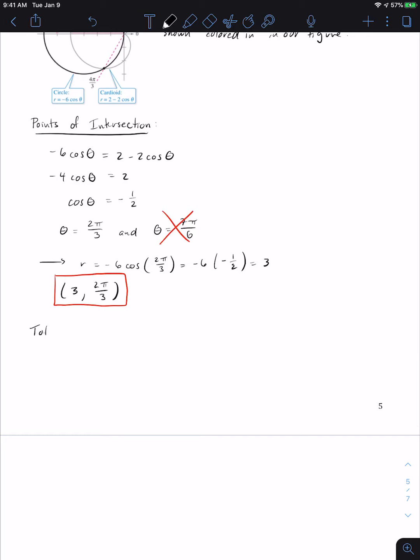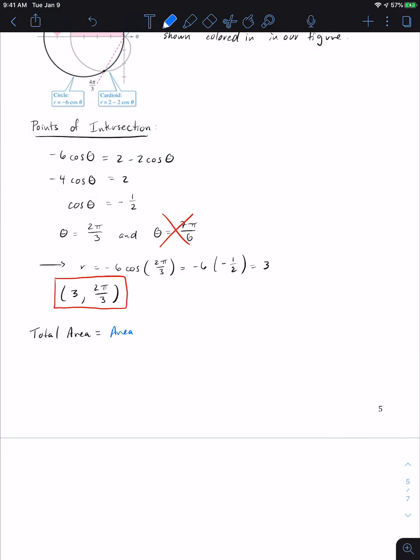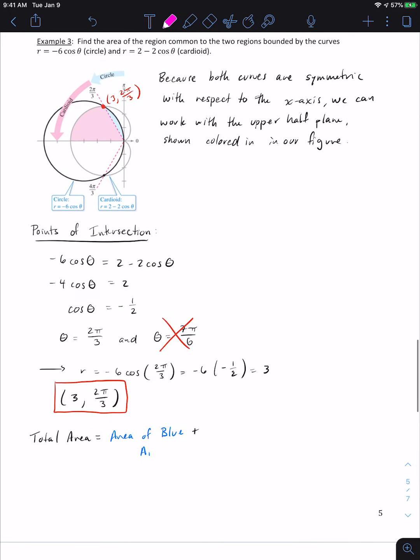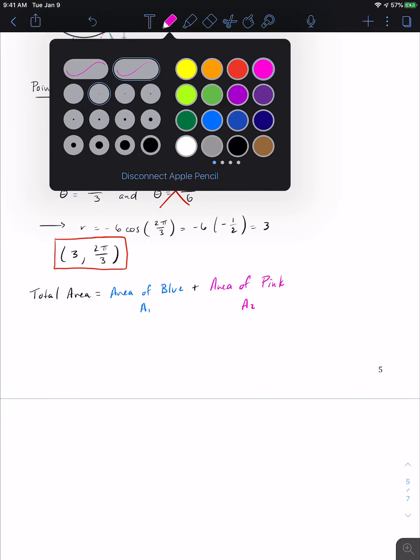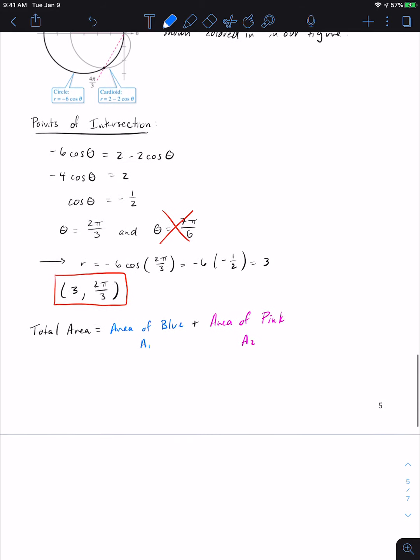So my claim is that the total area is equal to the area of the blue, which we'll call A1, plus the area of the pink, which we'll call A2. So now let's pretend that we just wanted to find that blue area. How are we going to do that?